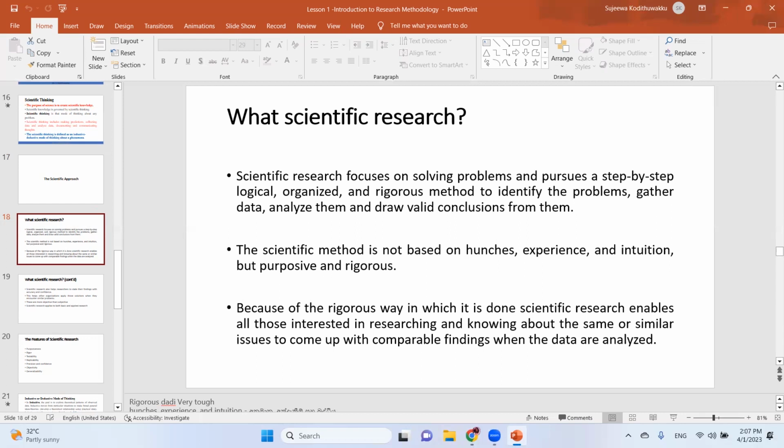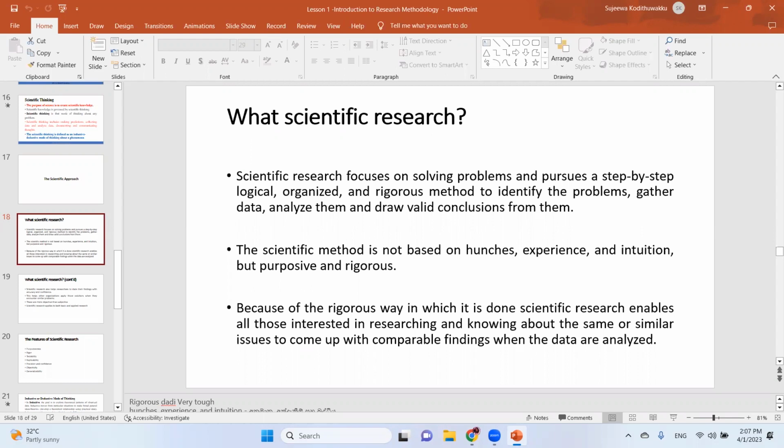And then you have to follow a proper procedure, a step-by-step procedure, a logical, or let's say organized procedure, to identify the problem, to gather data for the particular problem, to analyze that information, and then to provide a valid conclusion or recommendation. So that's the process.